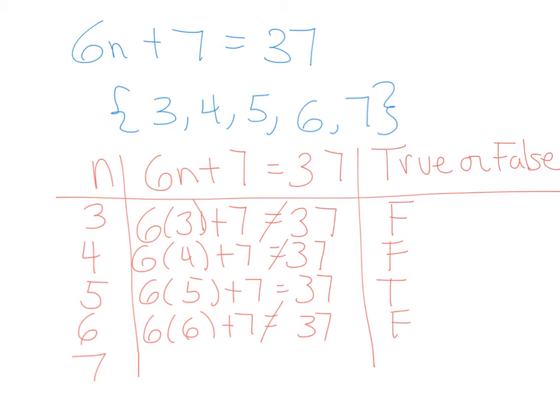The catch is this: if it doesn't have an equal sign and it has an inequality symbol in it, more than one value could make the inequality true. So you have to be careful. In that case, you might need to check more than one of the members of the replacement set.